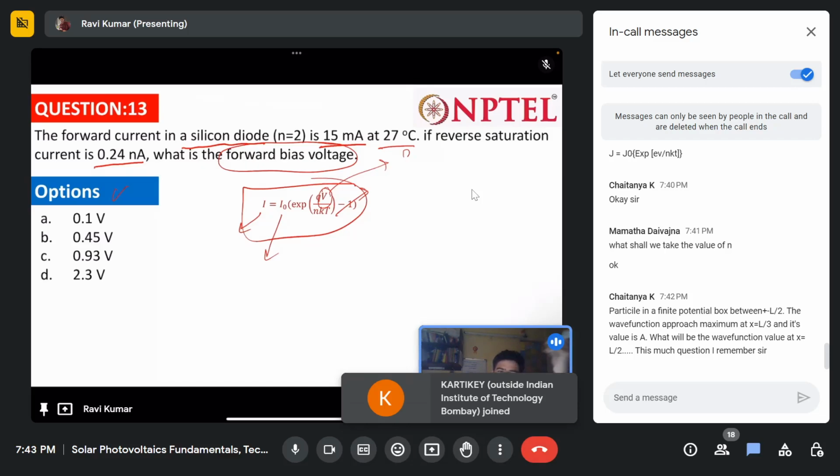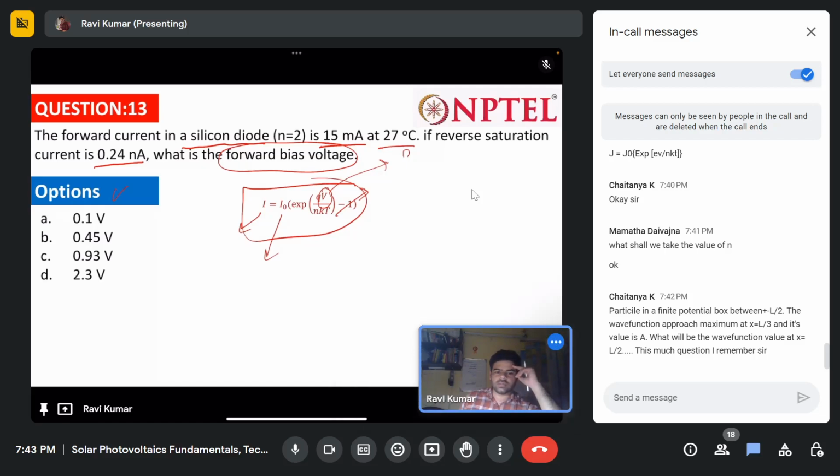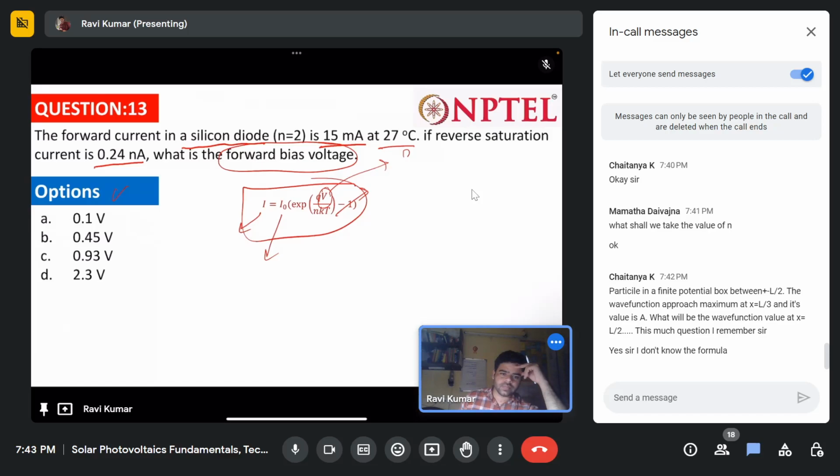You don't know the formula, or you just applied the formula, or you are not getting the right answer? Have you tried it, or you don't know the formula which need to apply there, and what is the integration and all? Yes, sir, I don't know the formula. Okay. Okay, give me the answer for this question.